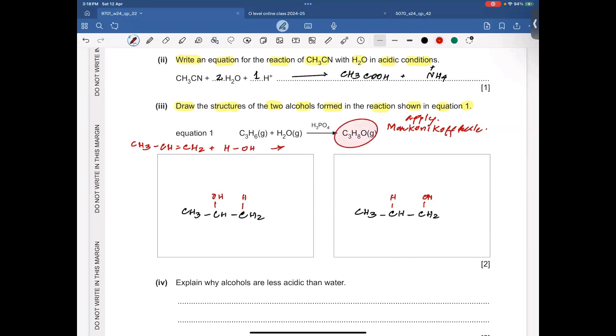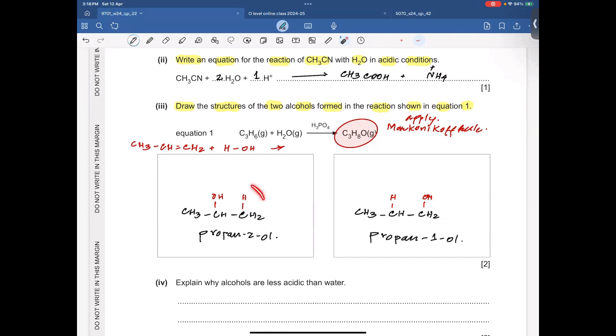Okay. This isomer is named propan-2-ol. And this isomer is named propan-1-ol. Propan-2-ol follows Markovnikov rule, which is why it is going to be the major product. Propan-1-ol never follows the Markovnikov rule, which is why it is going to be the minor product. All right.